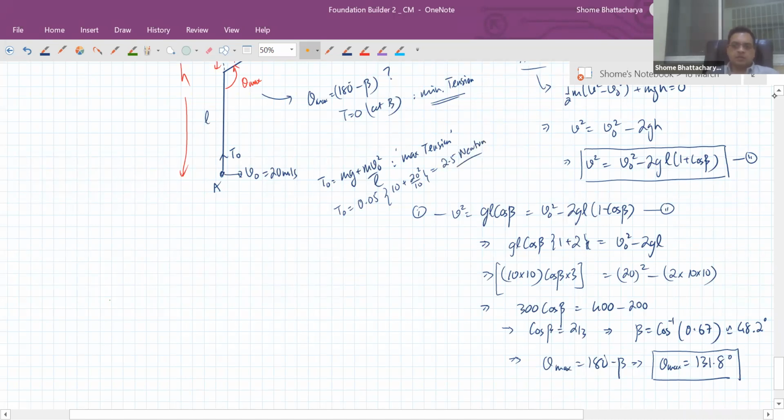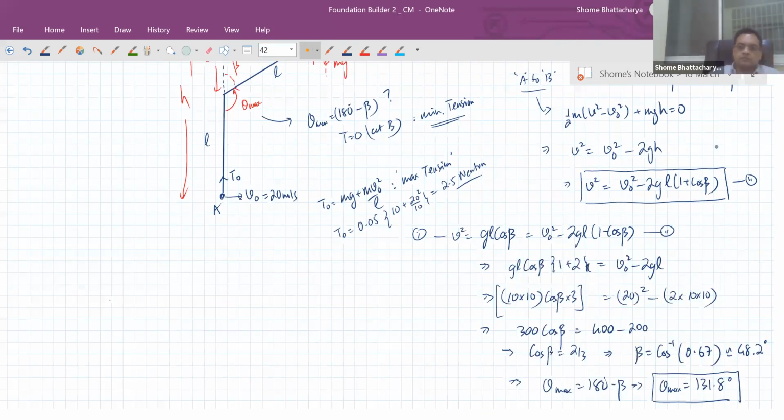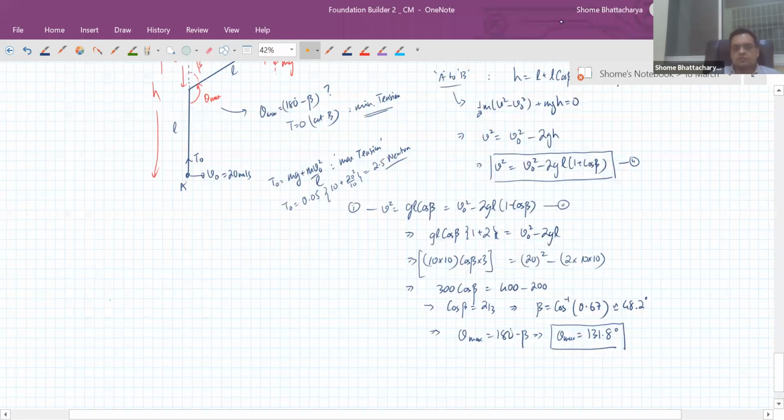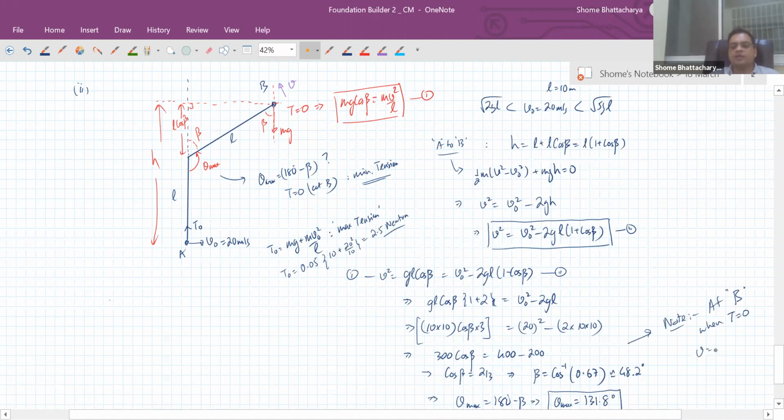Okay, so these are the answers for this part of the question. Very good, Deep, that's correct. Okay. And another thing we can notice that at B, when tension becomes zero, the speed of the particle is root gL cos beta.